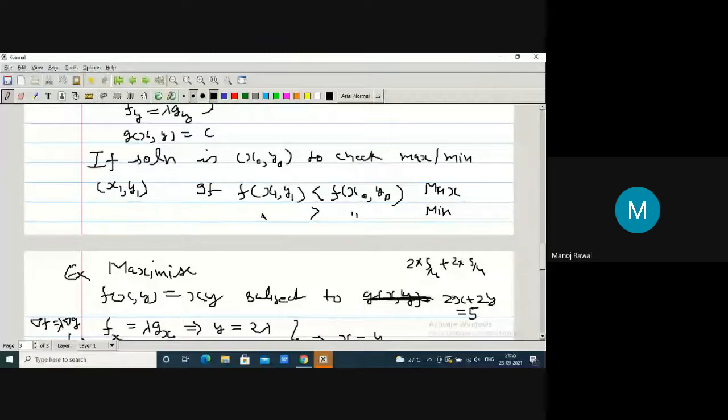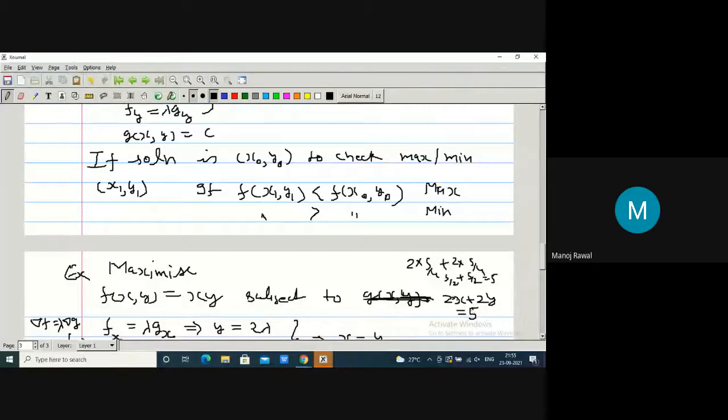What does it give? 5 upon 2 plus 5 upon 2 equal to 5. Does it satisfy this constraint or not? Yes, sir. It satisfies, and here I have got the value.